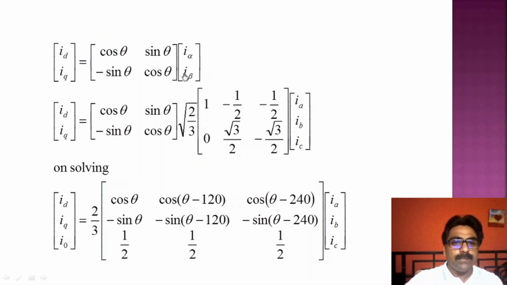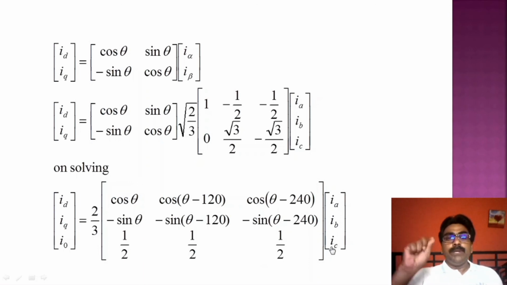We already have an equation for I alpha beta with respect to I ABC, that is substituted here, and by solving this you get the equation for ID IQ and I0 as the components of IA, IB and IC, right?